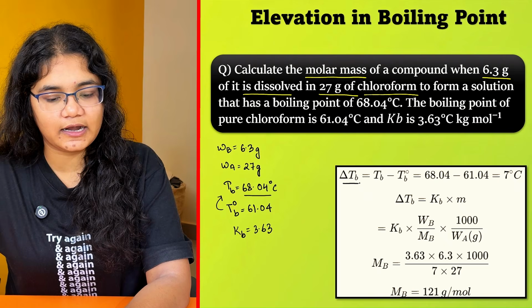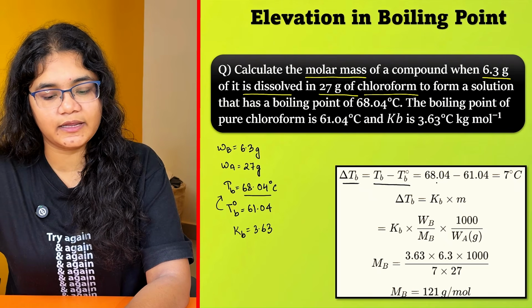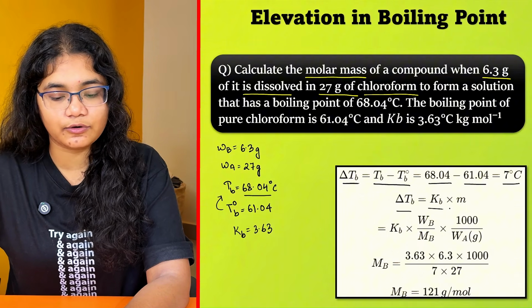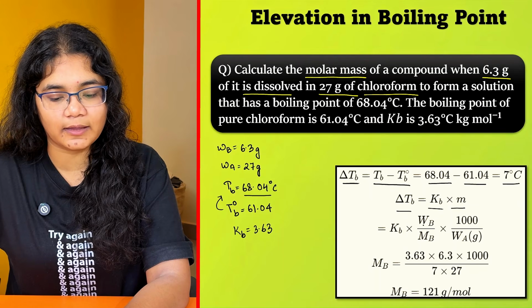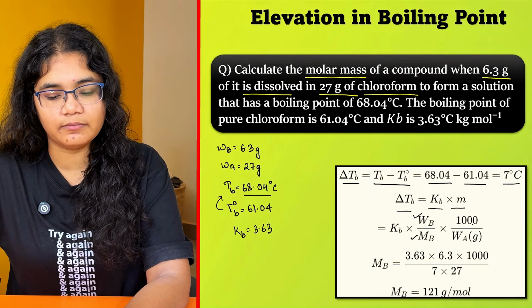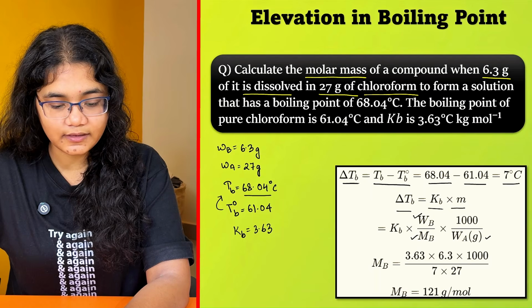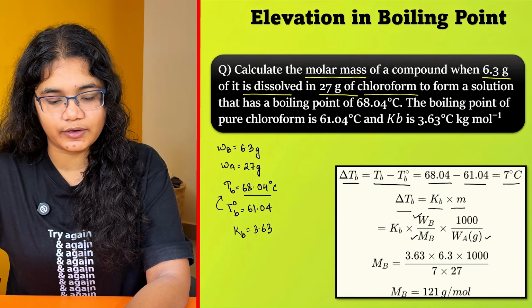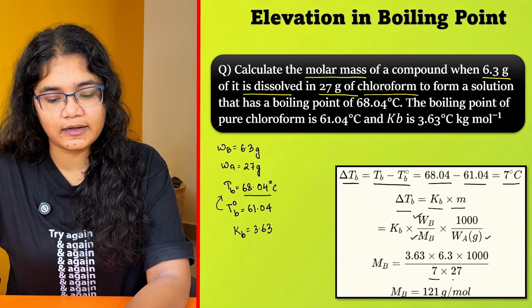So now we can easily calculate by putting in the values. Delta TB is equal to TB minus T0B, so that is 68.04 minus 61.04, which is 7 degrees Celsius. Now delta TB is equal to Kb into m, that is Kb into WB by MB into 1000 by WA. So to get the MB value, MB equals Kb into WB into 1000 divided by delta TB into WA.